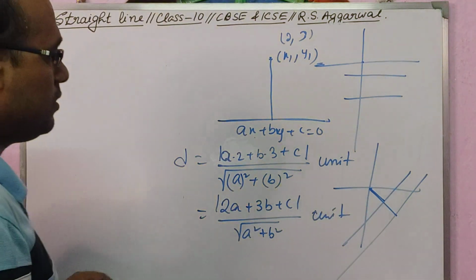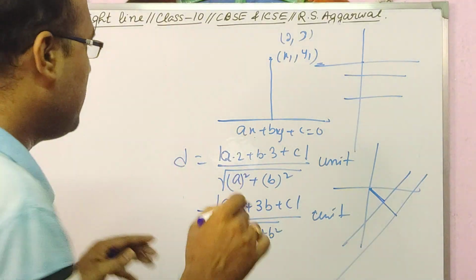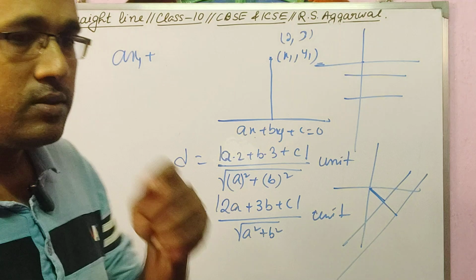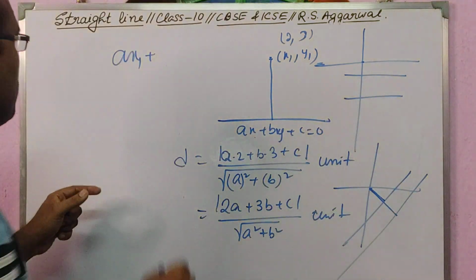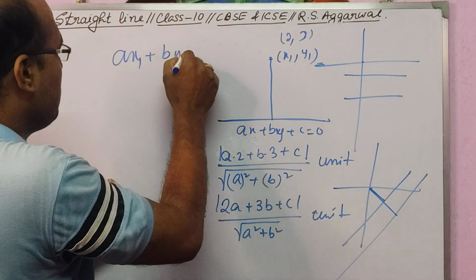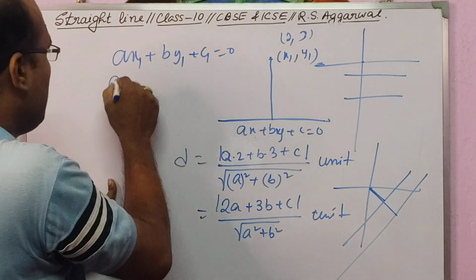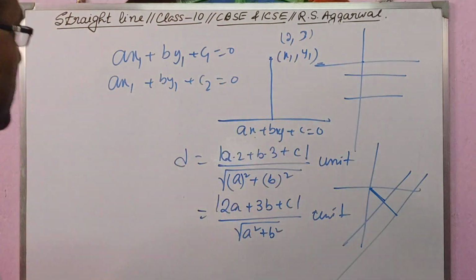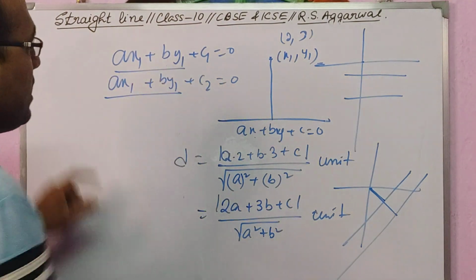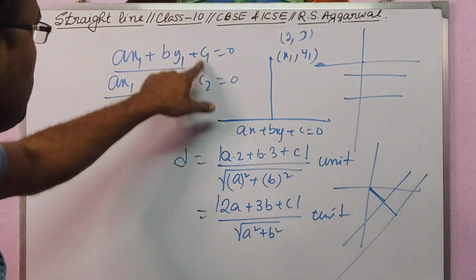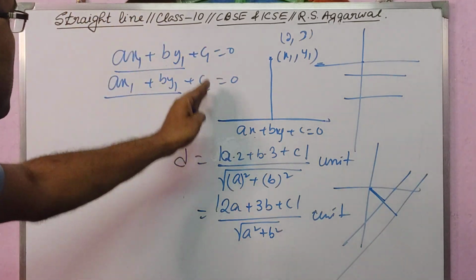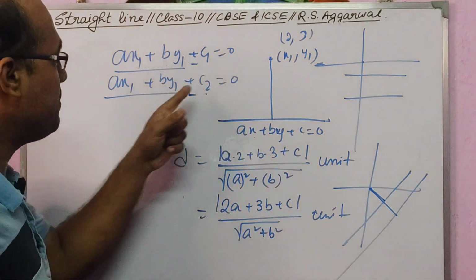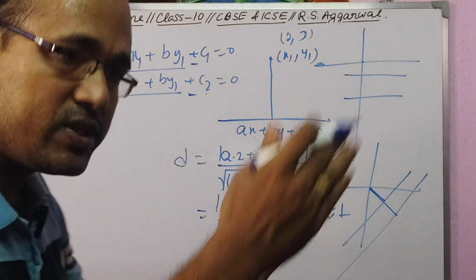Or by another process, from the equations of the lines you can find the distance between them. If the lines are ax plus by plus c1 is equal to 0 and ax plus by plus c2 is equal to 0, here the x and y part is the same, which means the two lines are parallel, and only c1 and c2 are different. If the signs before the constant parts are the same, both plus or both minus, then the two lines are on the same side of the origin.